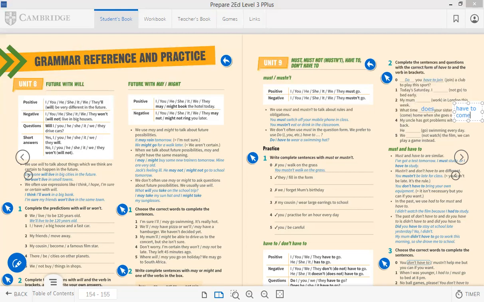Okay, great. I am going to erase. Number 4: my uncle has got problems with his bank.